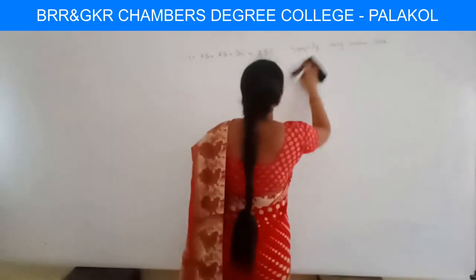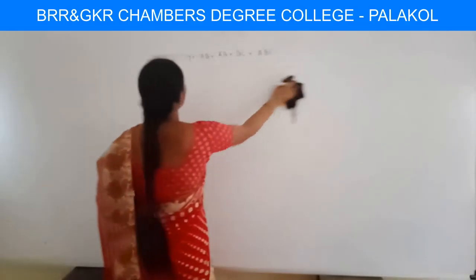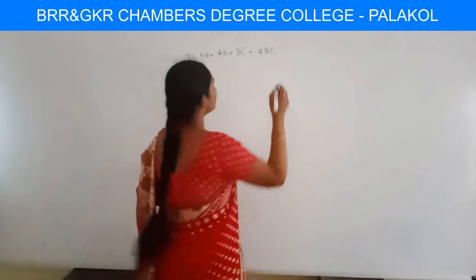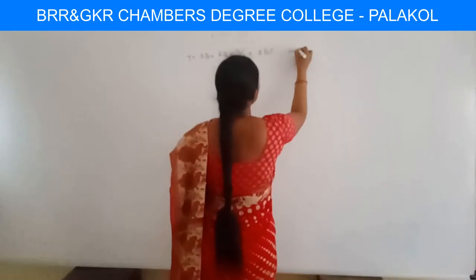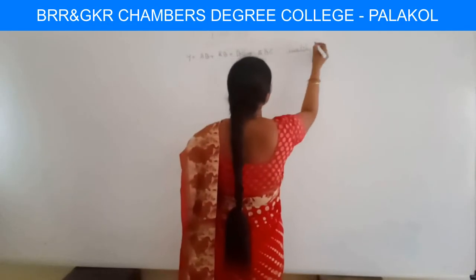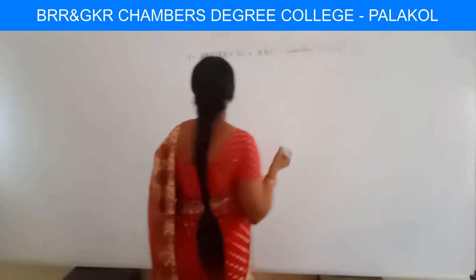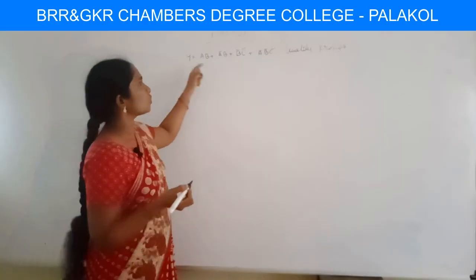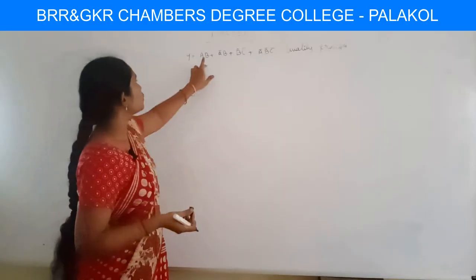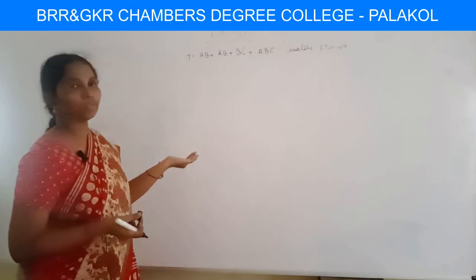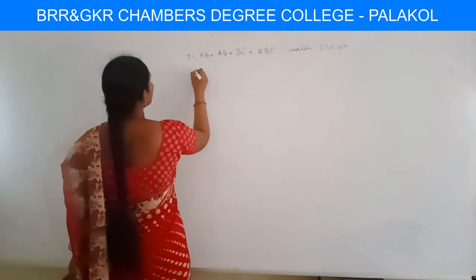Now, for the same example, we have to apply the duality principle here. When you are applying the duality principle, what is meant by duality? We have to change the OR operator with AND and the AND operator with OR.